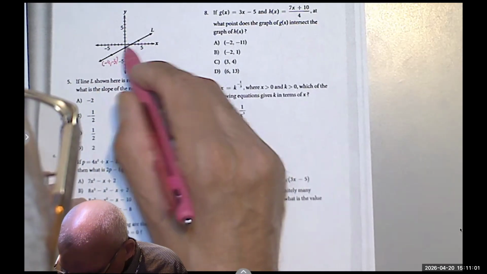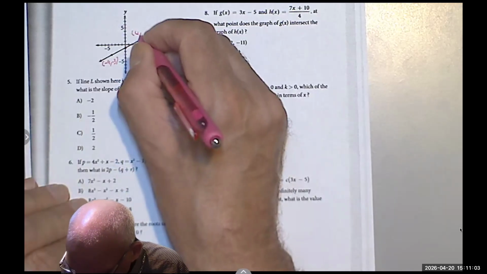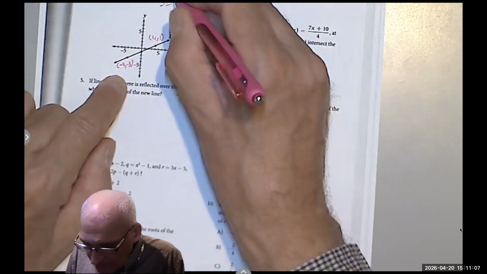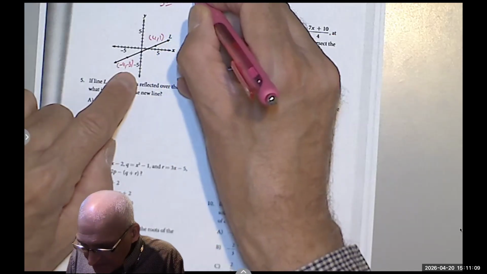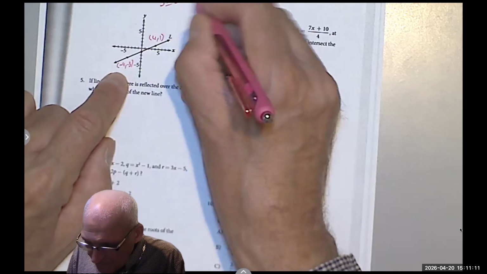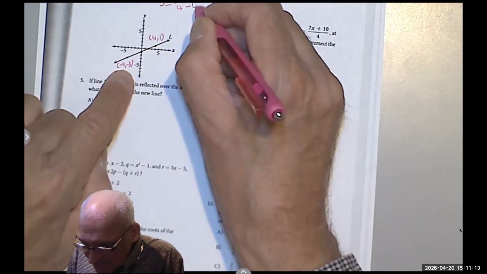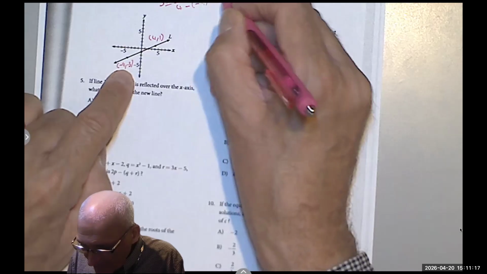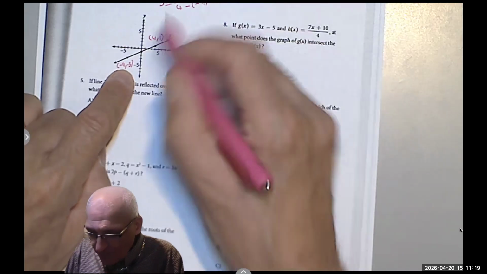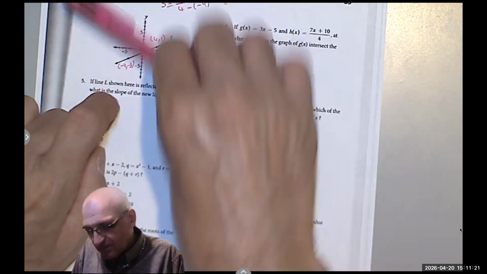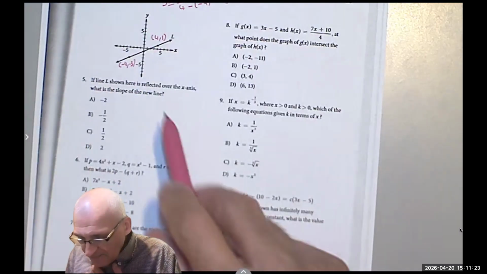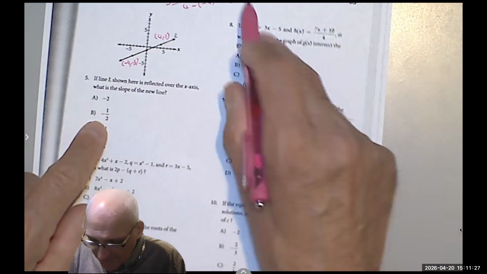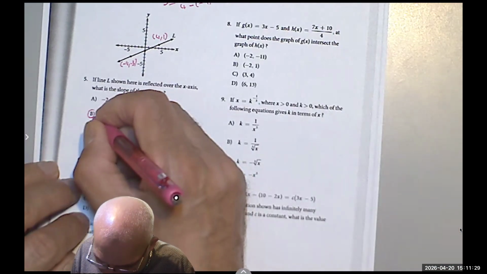And this point is 4 and 1. So the slope of this line is 1 minus -3 over 4 minus -4. It's 1 plus 3, 4 over 4 plus 4, 8, which is 1/2. So the slope of this line, if I reflect it over the x-axis, would be the negative of that. So it's -1/2.